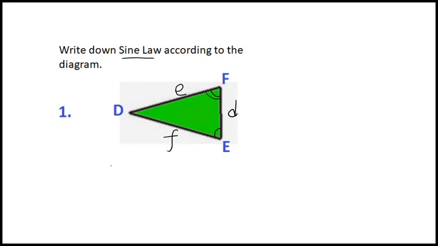So we can write down the sine law like this: d over sine D, just corresponding angle, corresponding side. So we have e over sine E equals f over sine F.